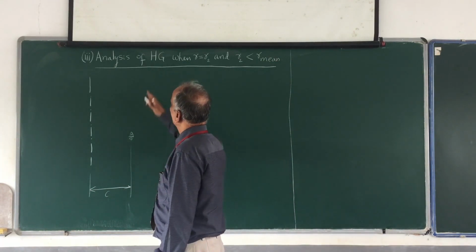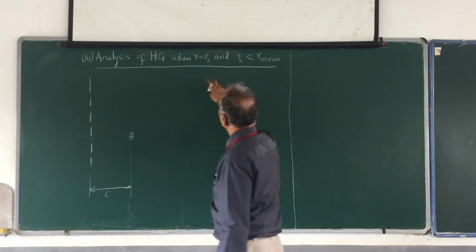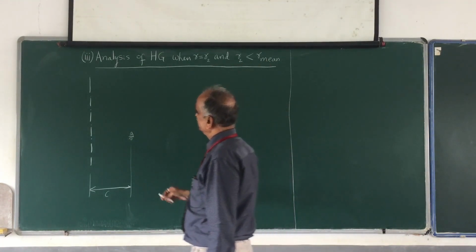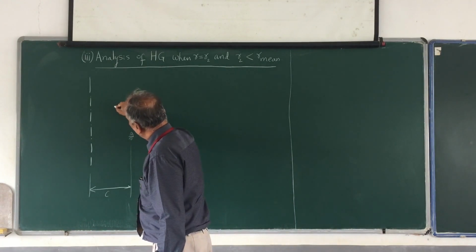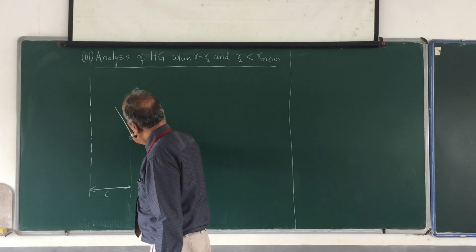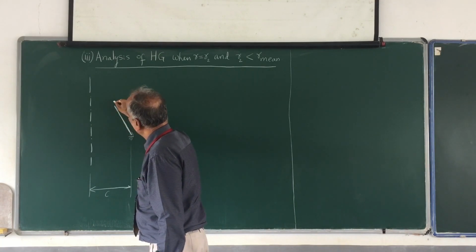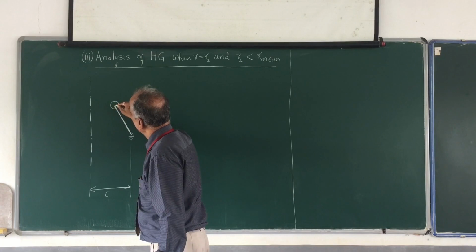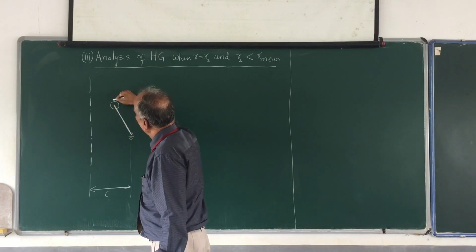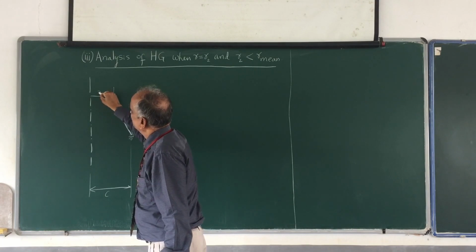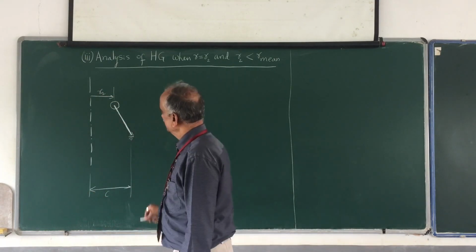Now the radius of rotation R2 is less than R mean. That means the ball arm is something like this. This is the ball arm, and I have represented the position of the ball, and this is R2.